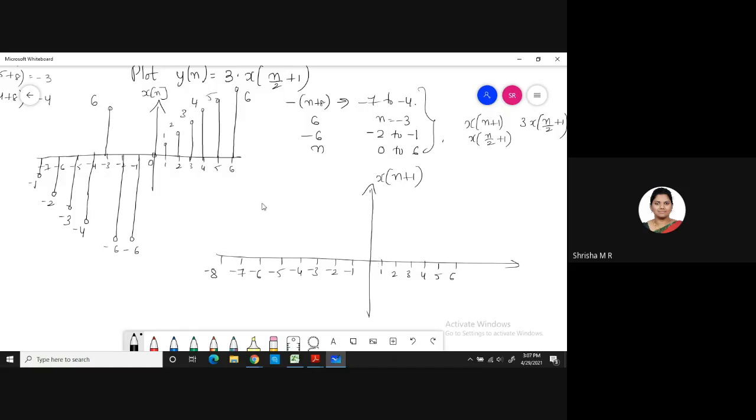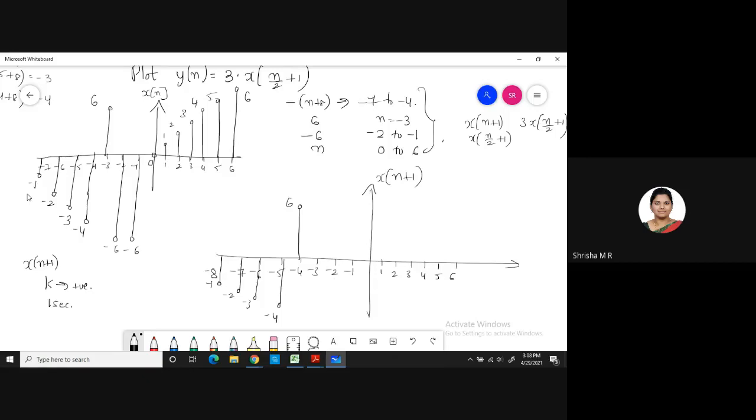If k is positive, you have x of n plus 1, we are doing left shifting and the signal is occurring 1 second earlier. So whatever is at -7 will go to -8, whatever is at -6 will go to -7, and so on. So at -8 you have -1, at -7 you have -2, at -6 you have -3, at -5 you have -4, and at -4 you have -5.